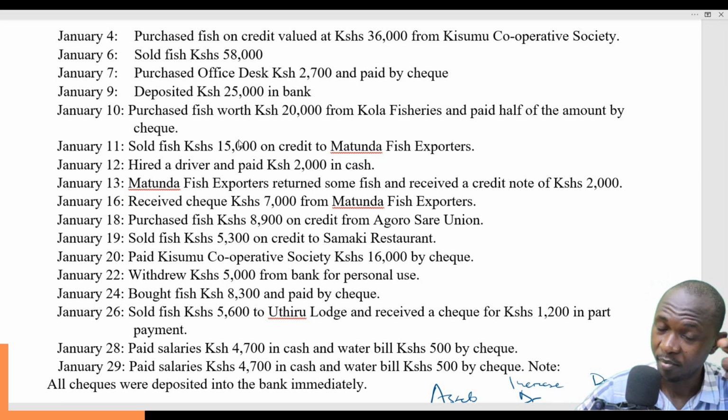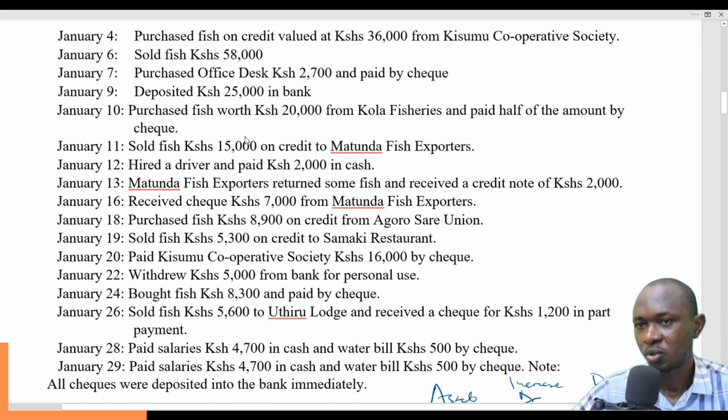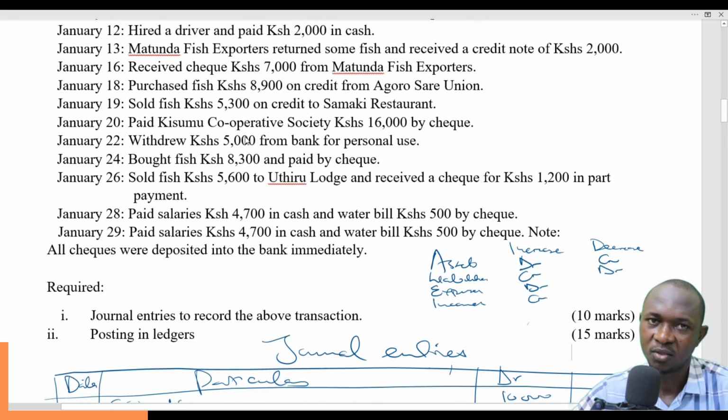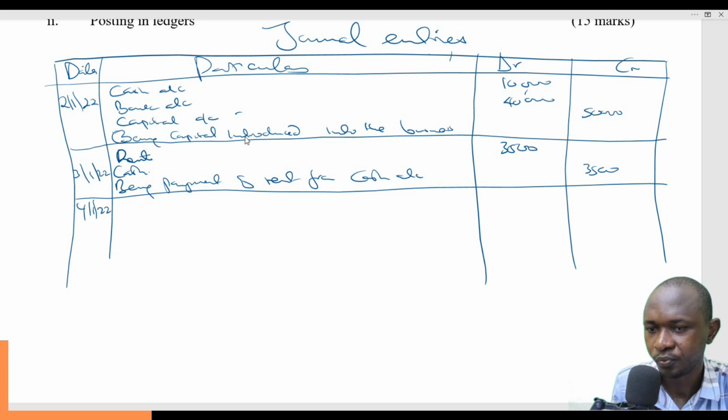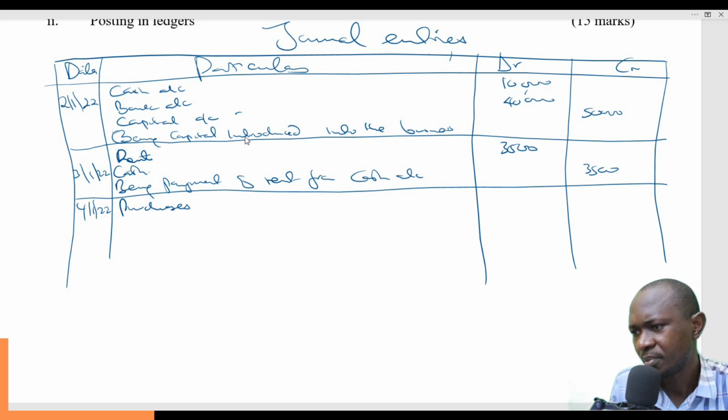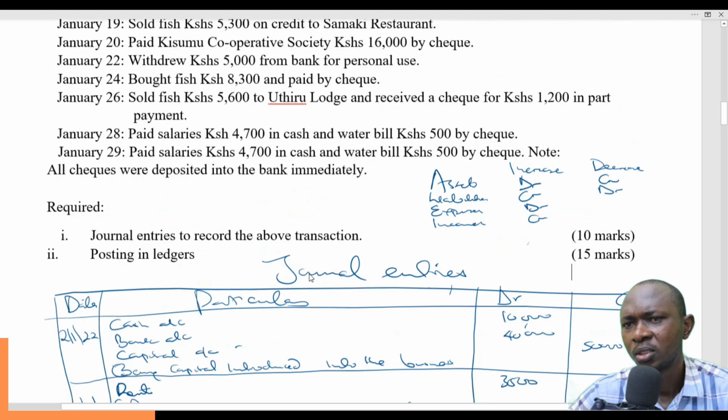So we say on 4th January 22, purchases. When you purchase, goods are coming in, so we debit purchases, 36,000.